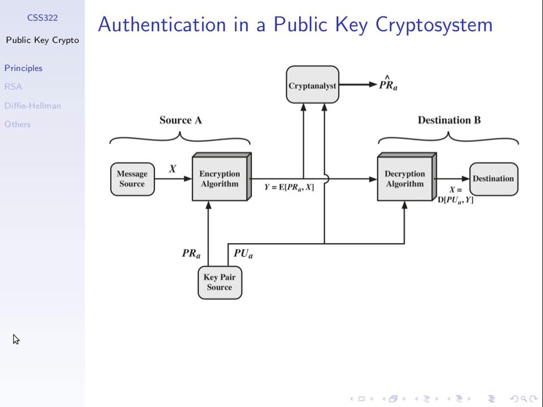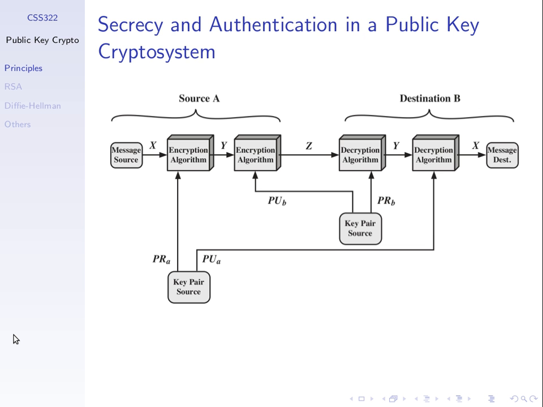Similarly for authentication, we do it in the opposite direction. Encrypt with the private key of the source, decrypt with the public key of the source. The attacker's objective is to find the private key of the source. In here, the message is not secret. The attacker can find the message, they want to find the private key. And this is just illustrating how we can combine them together to provide both confidentiality and authentication.